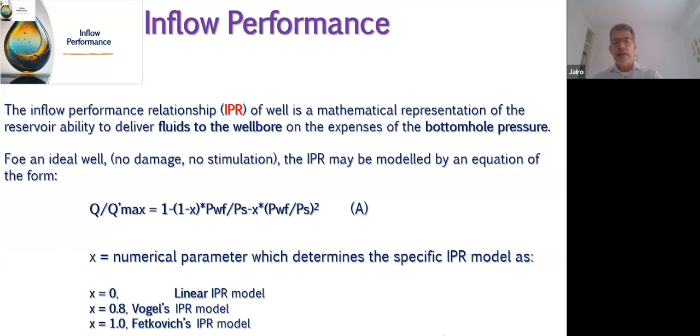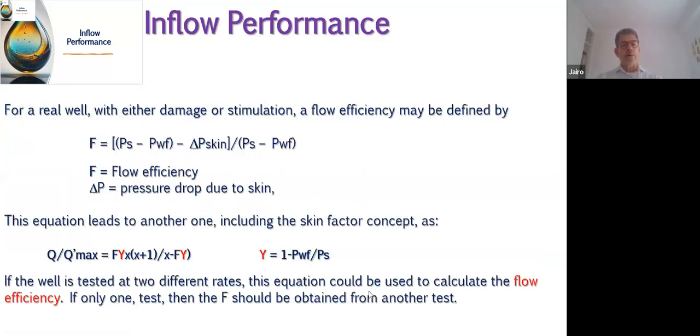We will see why this form. X is a numerical parameter which determines the specific IPR model we are using. For instance, when X is 0, we have a linear IPR model. When X is 0.8, we are talking about Vogel's IPR model, and when X is 1, we are talking about the Fetkovich model.